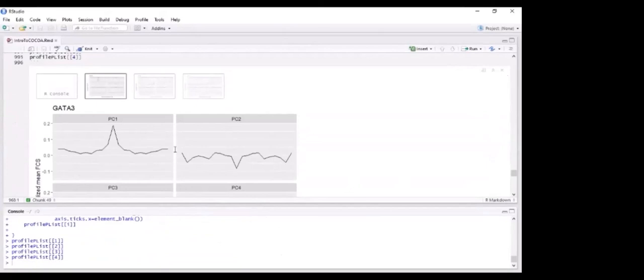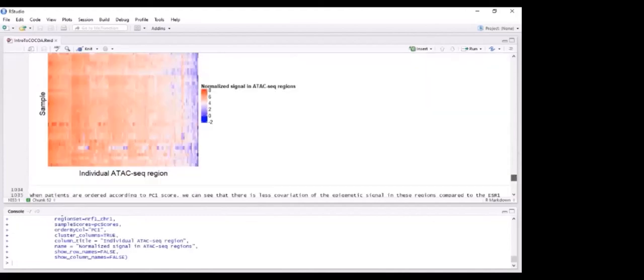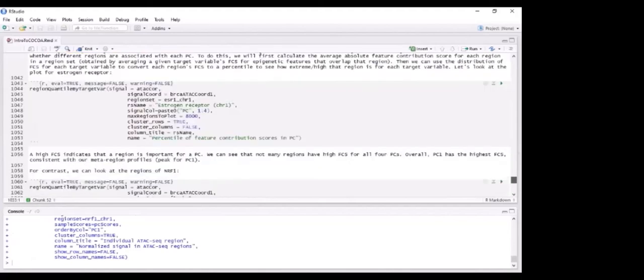But for GATA3, you can see that the chromatin accessibility is very correlated with PC1 score, specifically at the GATA3 binding sites, but not as much at the surrounding genome. And we can see that that peak is absent for some of the other principal components. So that will conclude the ATAC-seq section of our vignette.